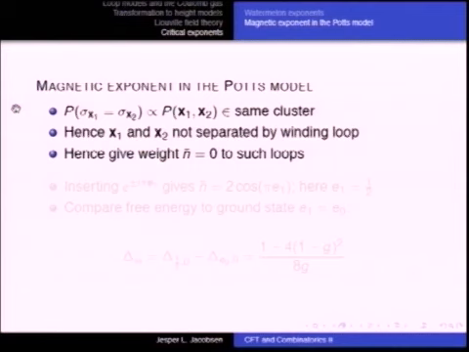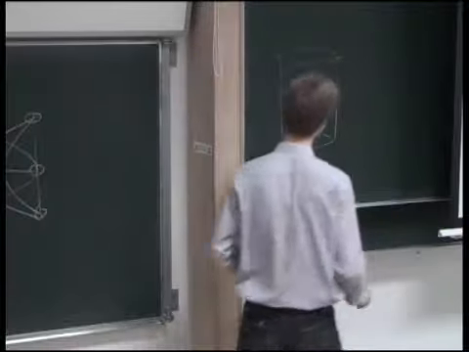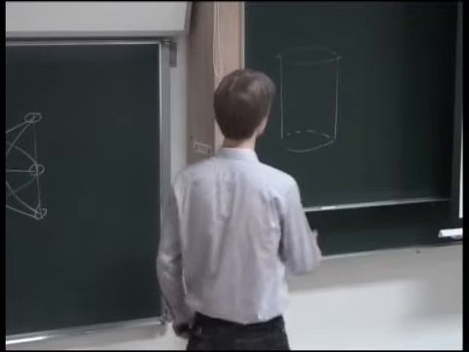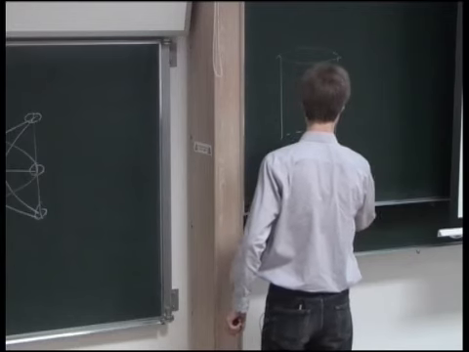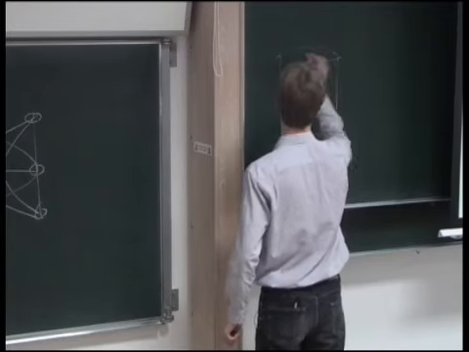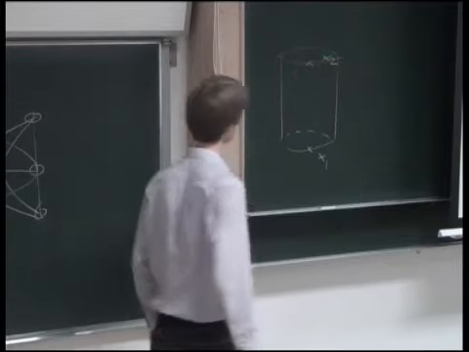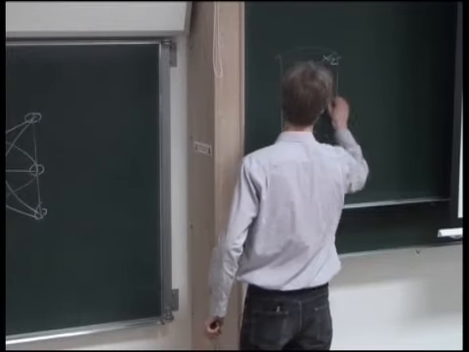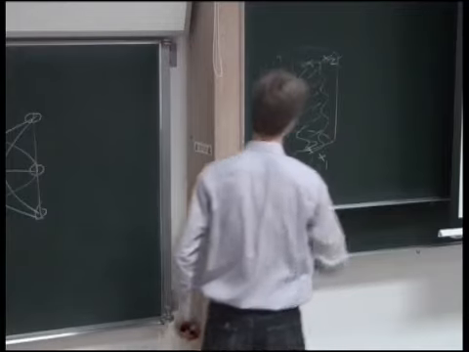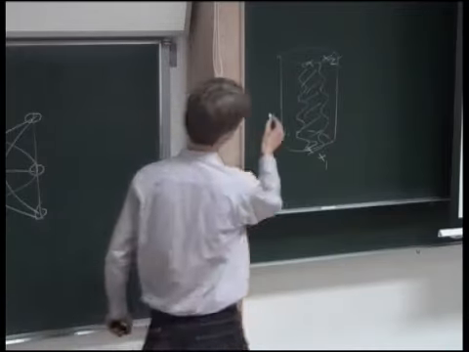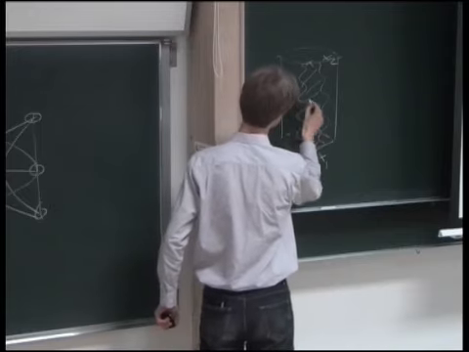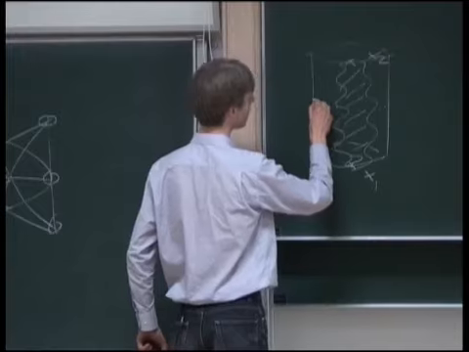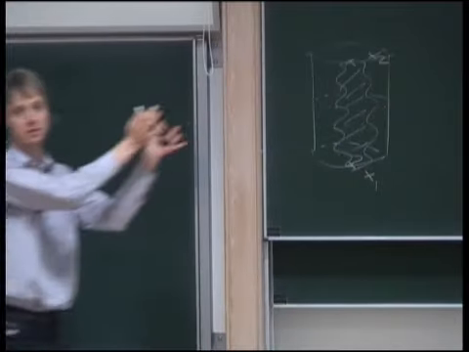Well, suppose first that I'm on a cylinder. Of course, I can always transform things back into the plane by a conformal map. And let's suppose that x1 and x2 are widely separated points. And let's suppose that there is a cluster extending from one end to the other. Well, what does that mean? That means that there is no cluster boundary which will wind around the cylinder.